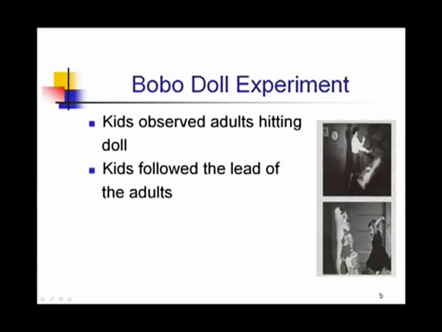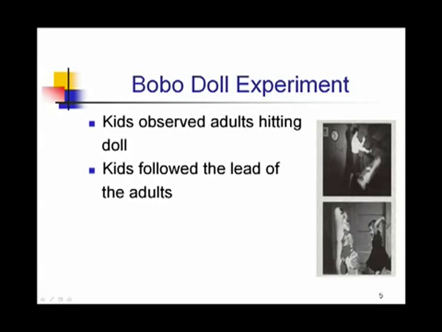In one of his now famous experiments, Bandura had kids observing an adult hitting a doll. This was called the Bobo doll experiment. And the kids were then placed in a room with the doll as well as other toys, and he filmed what the kids did. And basically they did exactly what the adult had done.